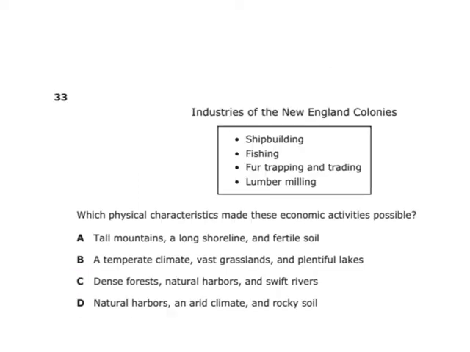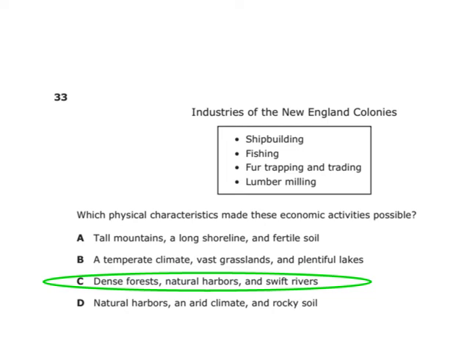Industries of the New England colonies: shipbuilding, fishing, fur trapping and trading, lumber milling. Which physical characteristics made these economic activities possible? Well, in New England, they had lots of forest.